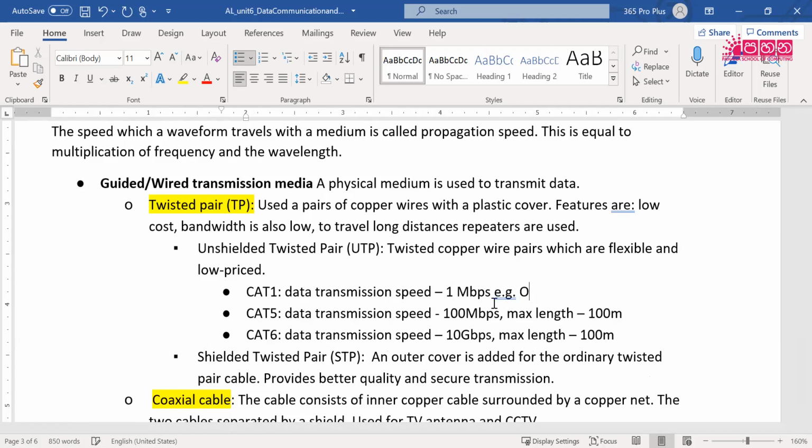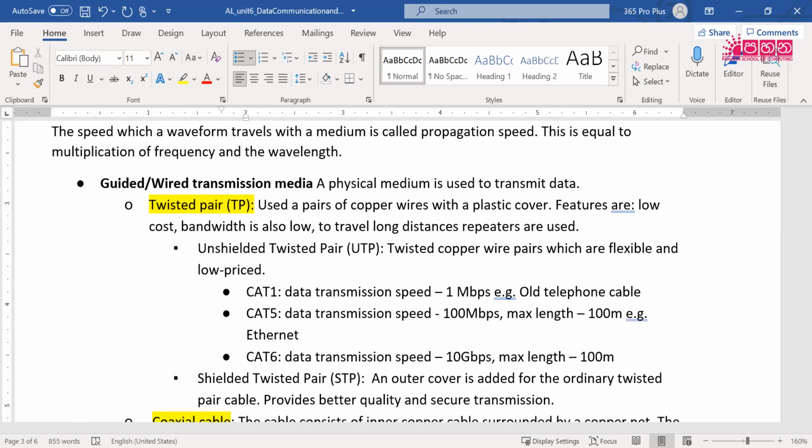For example, we can say old telephone cables. So Cat5 is used in Ethernet. What do you mean by Ethernet?